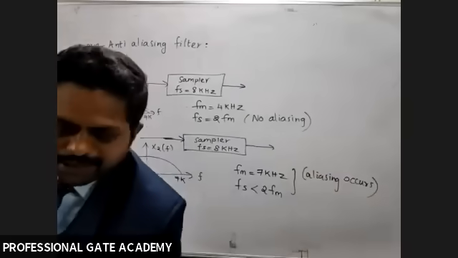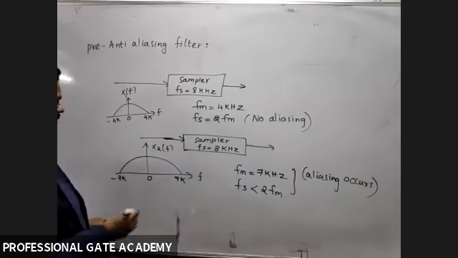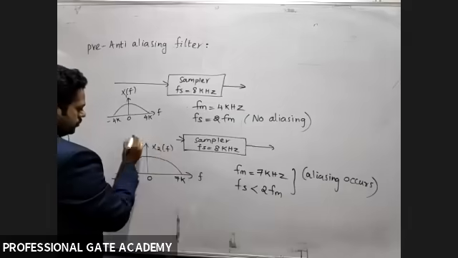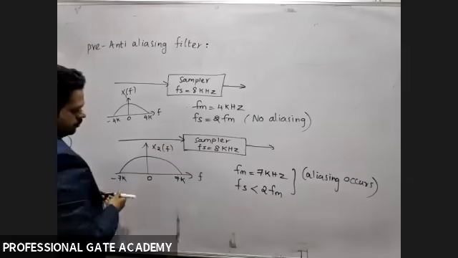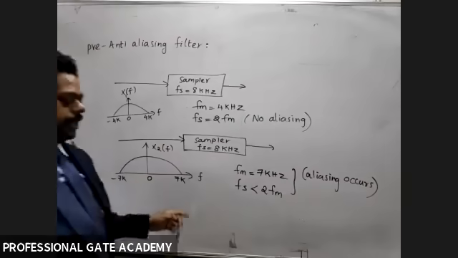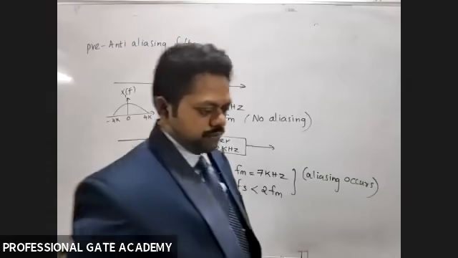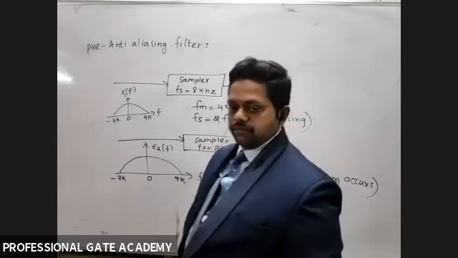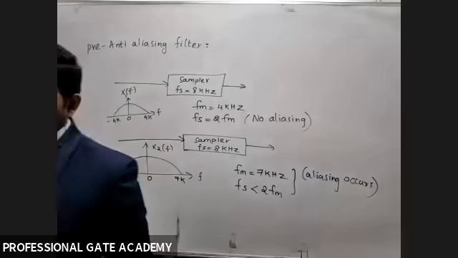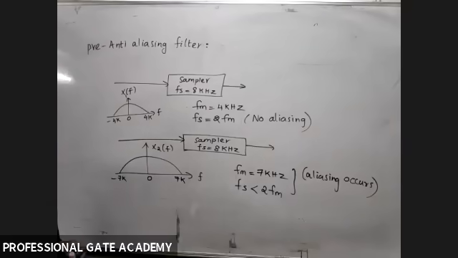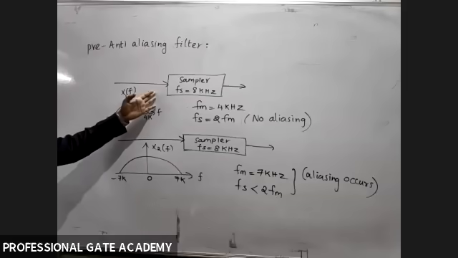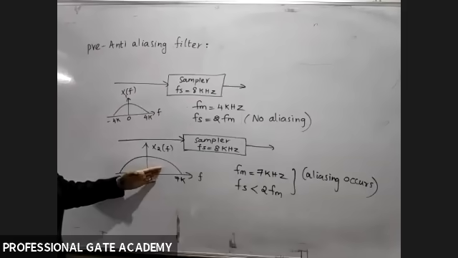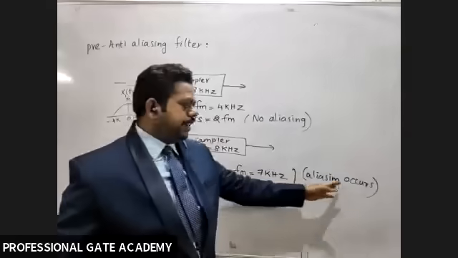Now to avoid this aliasing, students copy this, then I will explain. In the first case, there is no aliasing, but in the second case, Fs is less than 2 FM, so aliasing occurs.